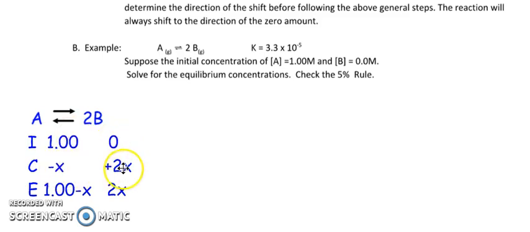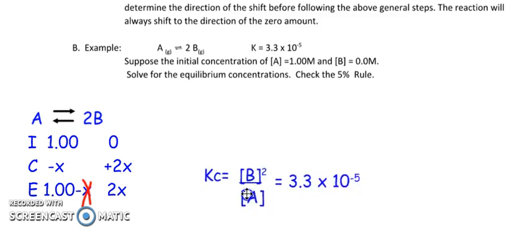So minus x plus 2x, and E is 1.0 minus x. So what does this simplification do for us? We can actually cross out that x here. So when we actually do the law of mass action, you don't even need to include the 1.0 minus x, you just put in your 1.0.